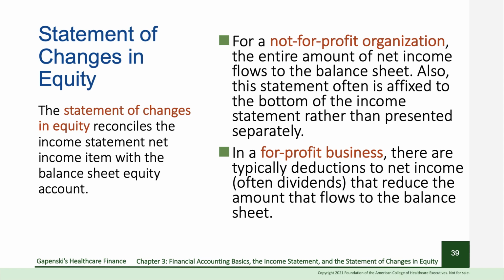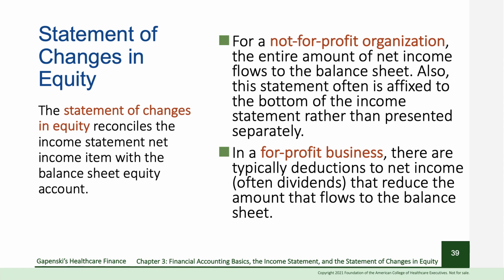The statement of changes in equity reconciles the income statement net income item with the balance sheet equity account. When you have the income statement, you have the net income, but when you have the balance sheet, you have the equity. So the statement of changes in equity is basically reconciling the income statement's net income and the balance sheet's equity together.